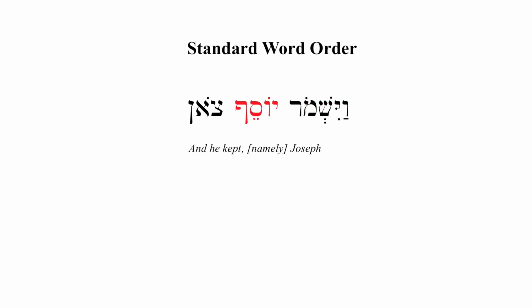And he kept, namely, Joseph, and then you get the direct object, sheep. He kept sheep. Vayishmor Yosef tson. And he kept, namely Joseph, sheep. And we would paraphrase that then into good English, and Joseph kept sheep.